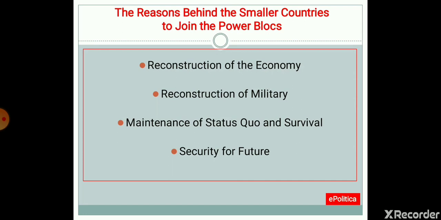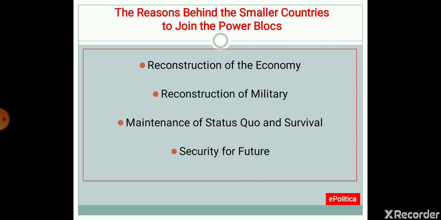The next reason was maintenance of status quo and survival. In international politics, it is very important to maintain the status quo of a country in the international realm. No country in the world wants to be considered fragile or weak. So how can a small country become powerful?